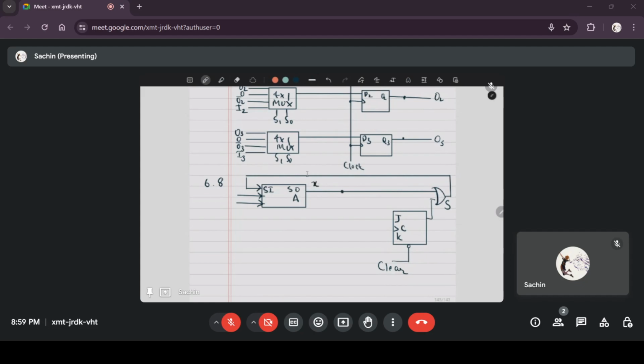This is X. The other shift register with output Y. XY is the J input.